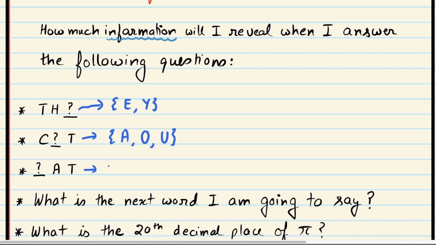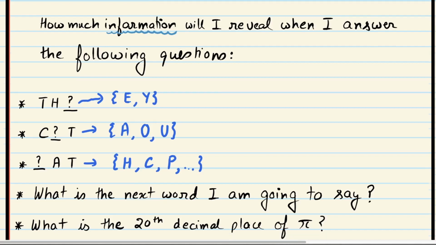Similarly, for the last one, the letters that come to my mind are H, C making it cat, P making it pat, and maybe you can have some more guesses here. But when you see this question, some guesses come to your mind, so that you already know. So given that, when I answer this question, how much information do I reveal?